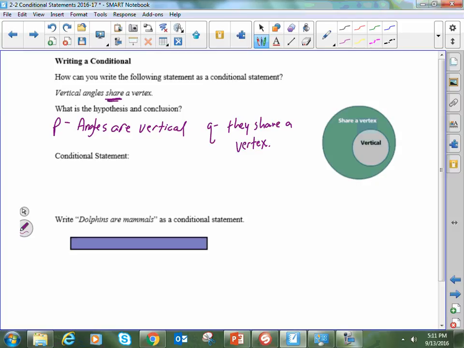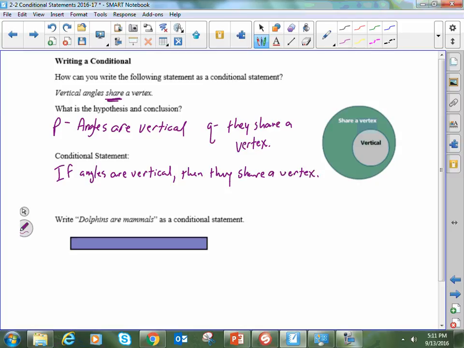But now that we've identified a hypothesis and conclusion, I can say if angles are vertical, then they share a vertex. Here's my happy conditional statement.